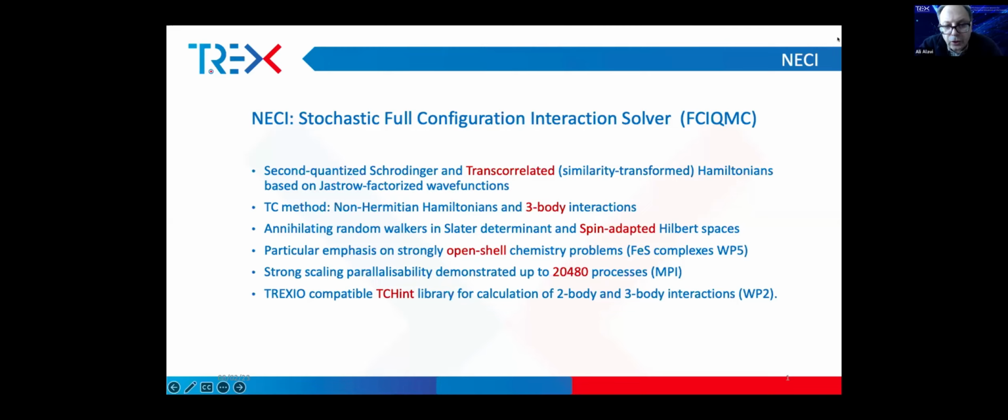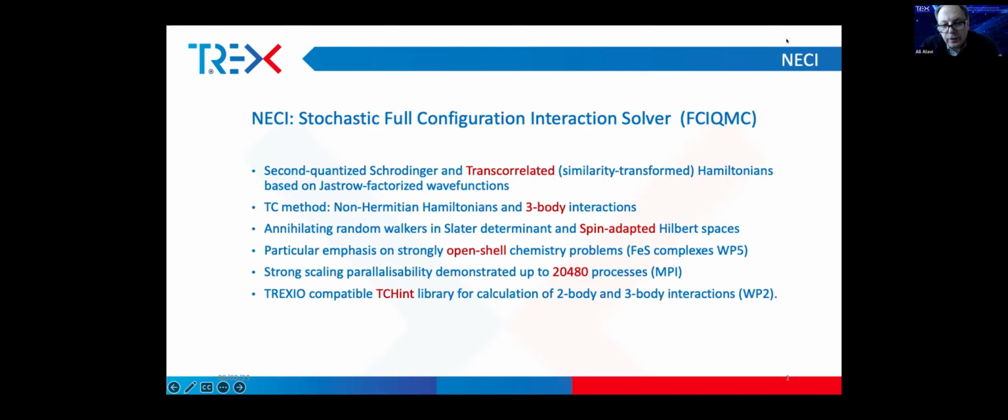Now, a unique attribute of the NACI code, and this is the work that has been done as part of the TREX consortium, is that it not only can handle Schrödinger type problems, but also the so-called transcorrelated or similarity transformed Hamiltonians, whereby we can introduce Jastrow factors obtained from real space variational Monte Carlo methods.